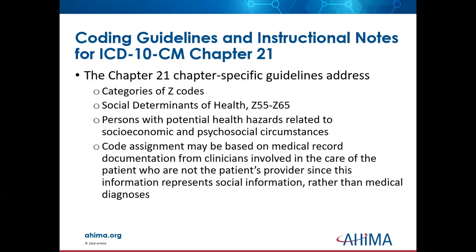These codes are only assigned on the basis of providers' documentation. When we say provider, we're talking about anybody who's related with the care of the patient. Could be a social worker, could be a physician, what have you.